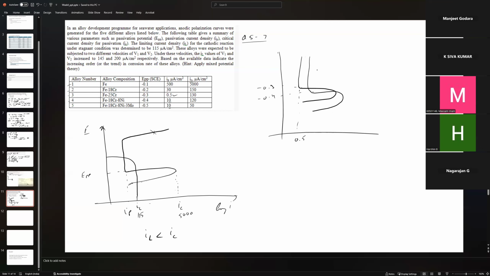The next one is also similar, but goes a little bit down. The limiting and critical current density is different.